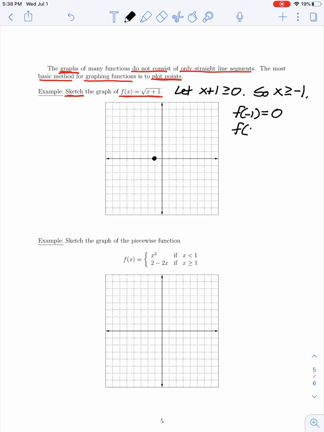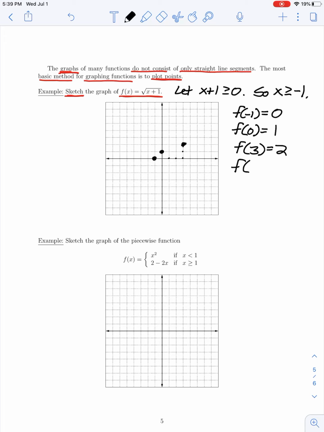Let's choose another value of x. Say when x is 0, our function would be the square root of 1, which is 1. So we pass through (0, 1). Choosing some other values, let's say when x is 3, we would have the square root of 4, which is 2. So our function passes through the point (3, 2).